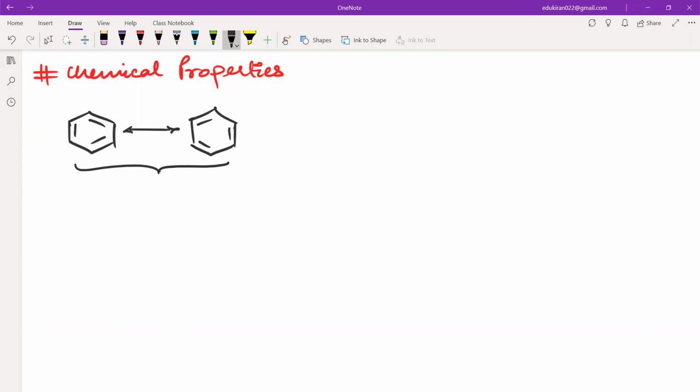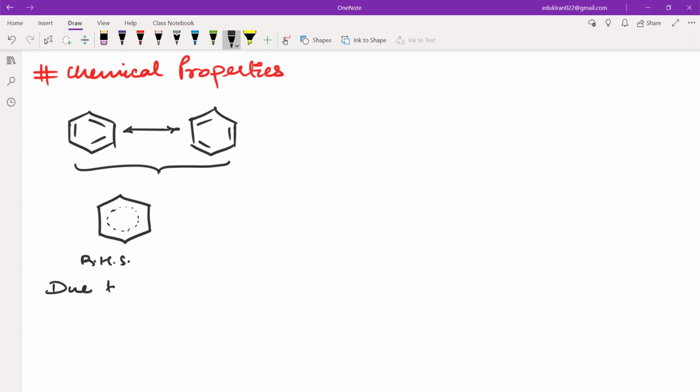The resonance hybrid is the real structure. Even though in the resonating structures we can see complete pi bonds, in the resonance hybrid structure there is no pure pi bond. And if there is no pure pi bond, then it will not behave as an alkene.